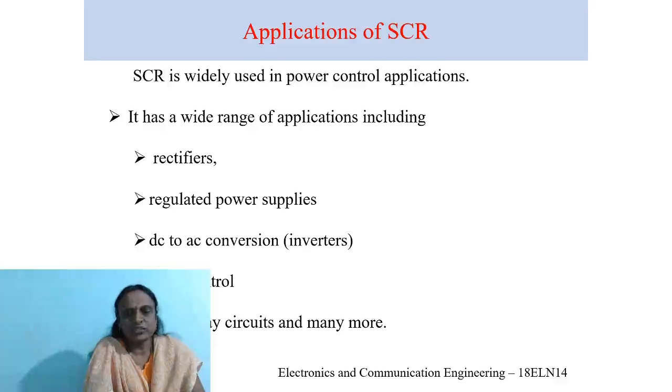Commutation means the process of turning off an SCR. Once the SCR is turned on, the gate doesn't have any control. So how will I make the SCR off? To make an SCR off, we saw the two types of commutation, namely natural commutation and forced commutation. It was very interesting to learn about this.